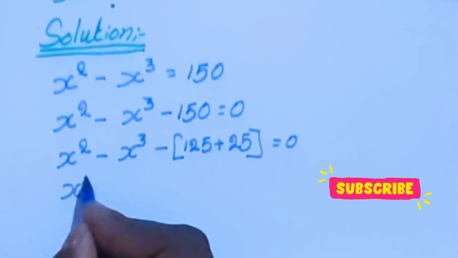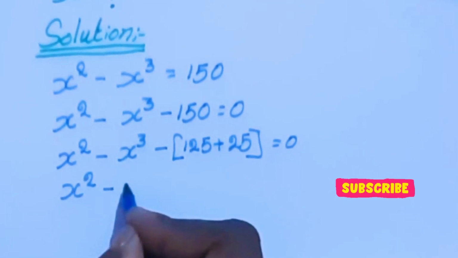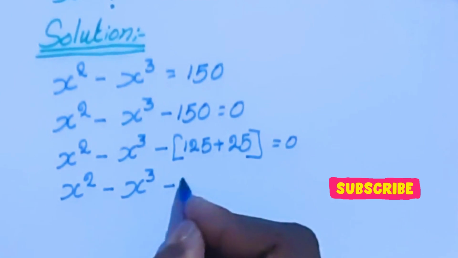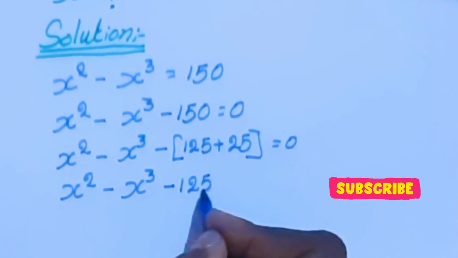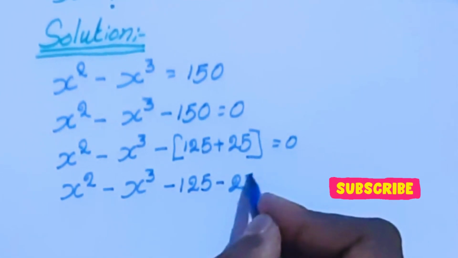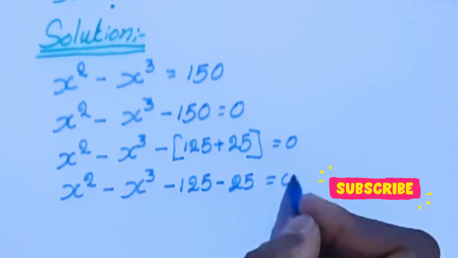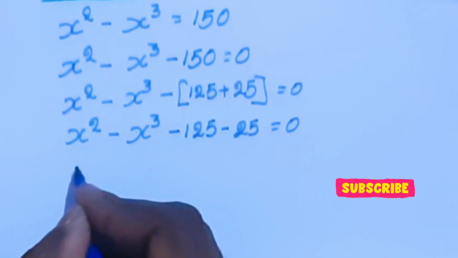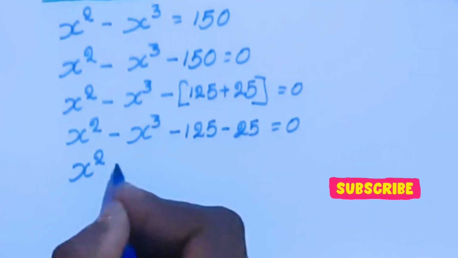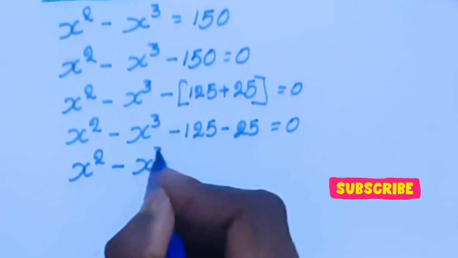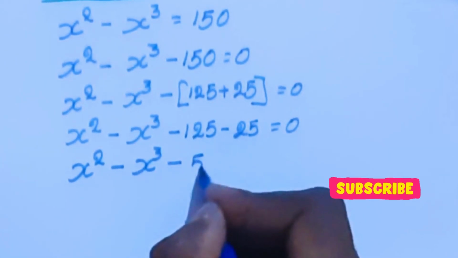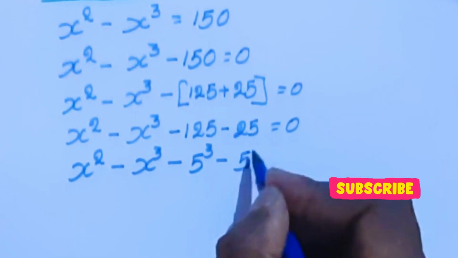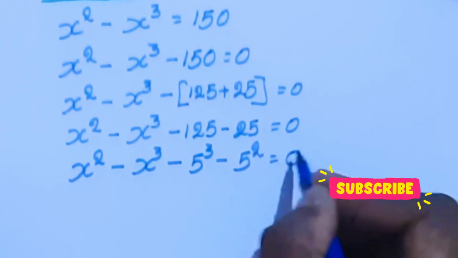Now multiplying the minus here, we get x^2 - x^3 - 125 - 25 = 0. Now this 125 is 5^3, and this 25 can be written as 5^2, equal to 0.